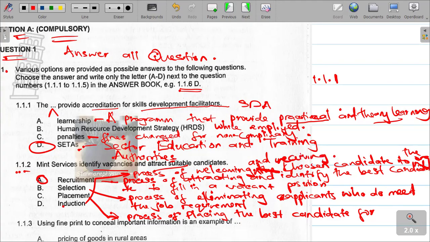Once the candidate has been given an appointment letter or an employment offer, the induction begins, whereby a mentor is chosen who will welcome and receive the candidate within the organization. So the answer is recruitment on 1.1.2.